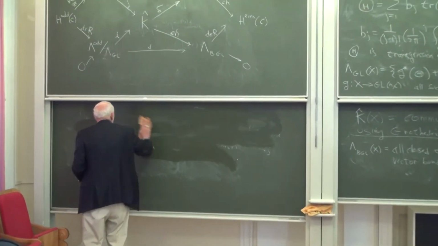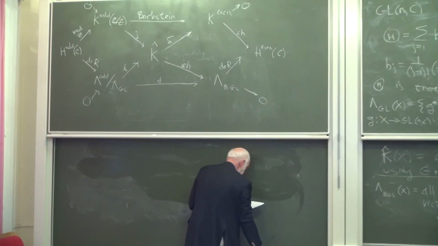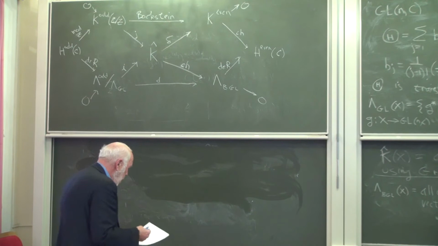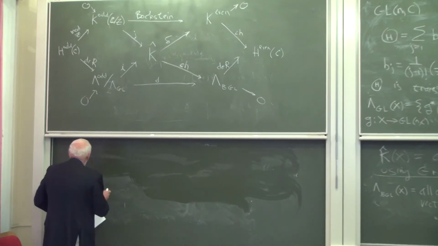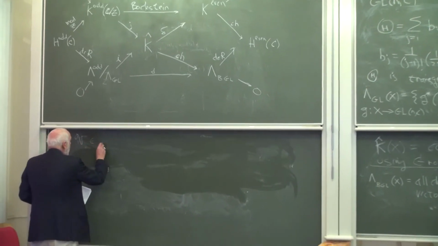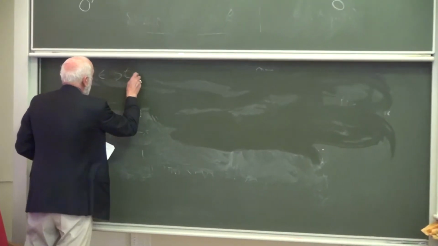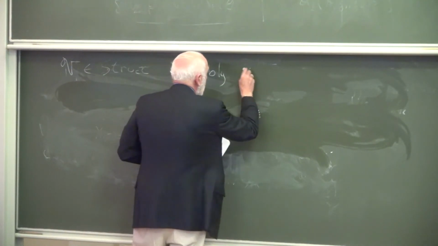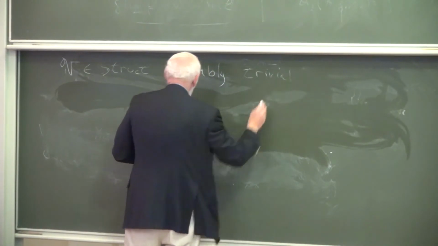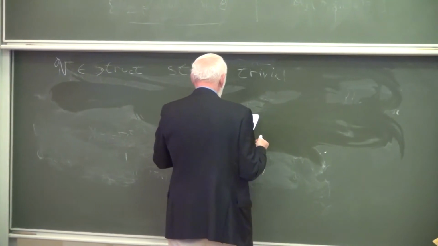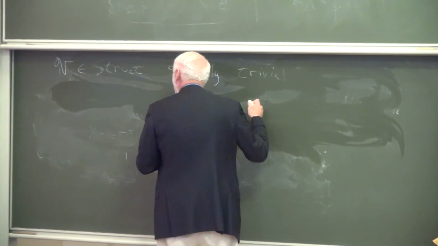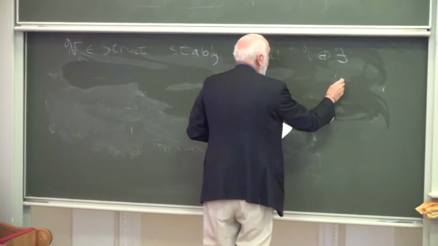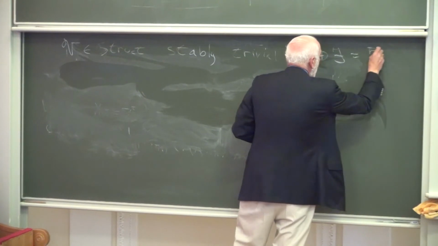So we'll call V in Struct stably flat. That means that there's a V direct sum something flat equals something else flat.